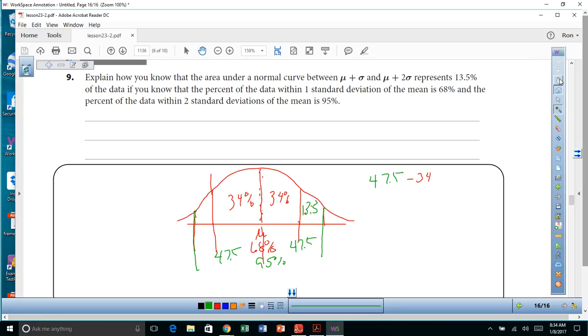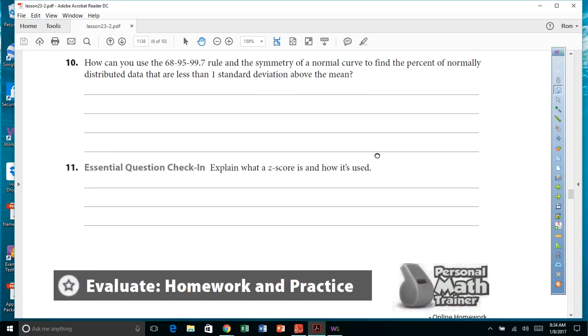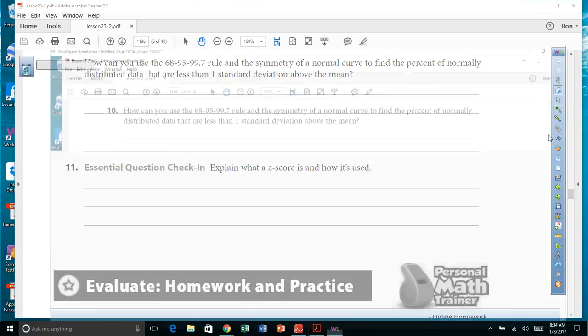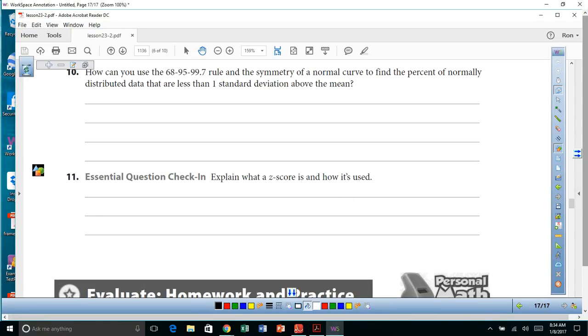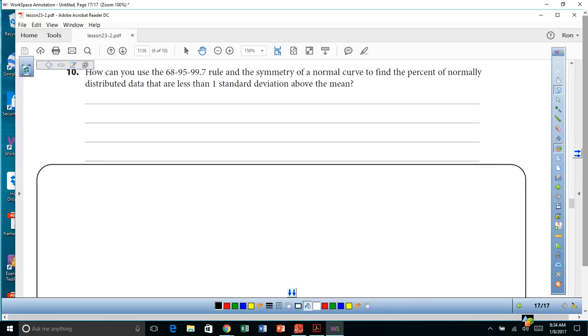Not too shabby. 10. How can you use the 68, 95, 99.7 rule and the symmetry of a normal curve to find the percent of normally distributed data that are less than 1 standard deviation above the mean? Okay. Let's see here. We'll do the same thing we did just a minute ago.